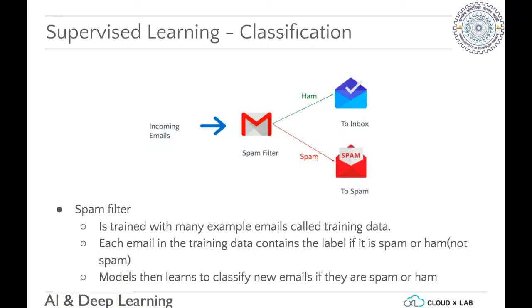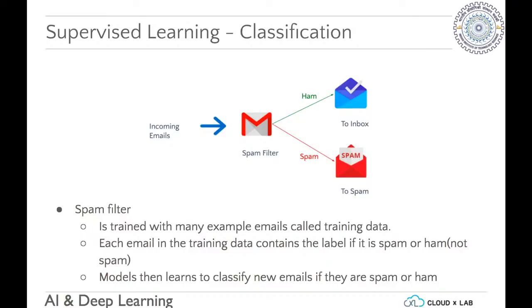A good example here is the incoming emails data. Let's say some people had already marked some of the emails as spam and some as not spam. So if we had this data already, whereby it was marked that this particular email is ham or spam, then this problem is a classification problem. It's a classification supervised machine learning problem.